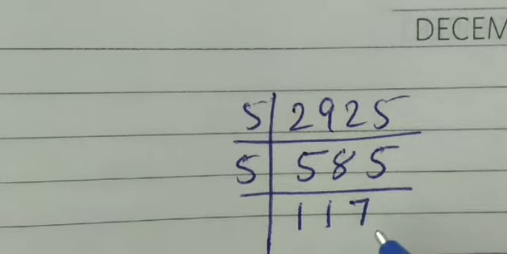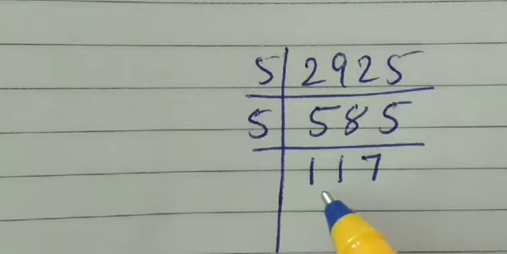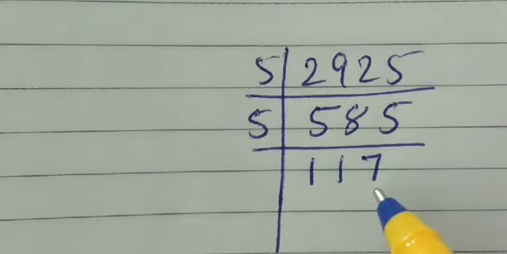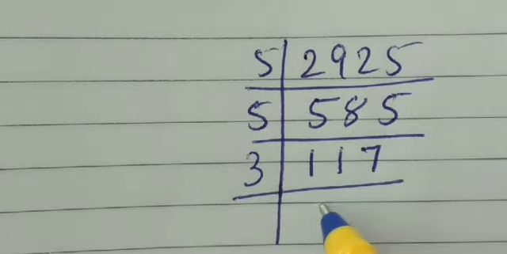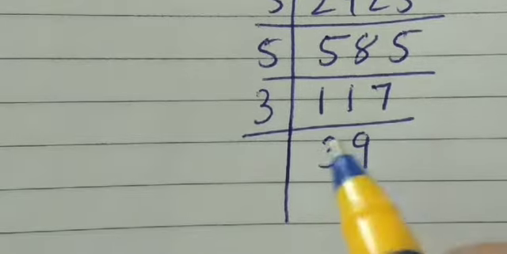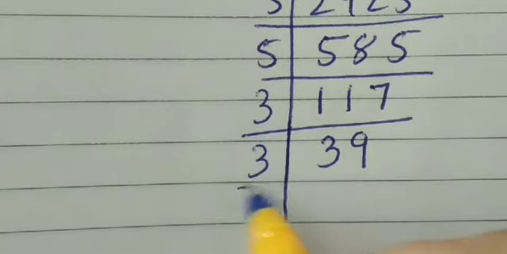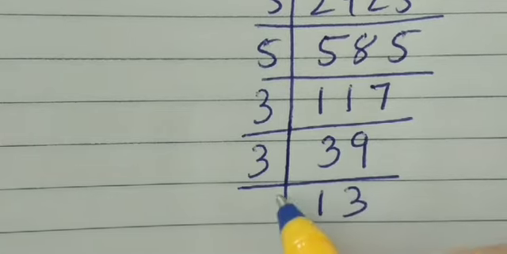Now we cannot take 5. Let's check. Last digit is 7, so it is not even divisible by 2. Let's add the digits. 1 plus 1 is 2, 2 plus 7 is 9. So 9 is a multiple of 3, divide by 3. 3 3s are 9 and 3 9s are 27. 3 13s are 39, and 13 1s are 13.